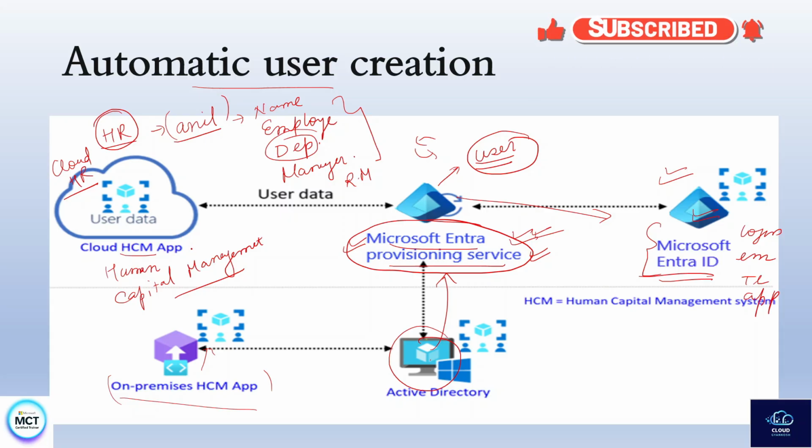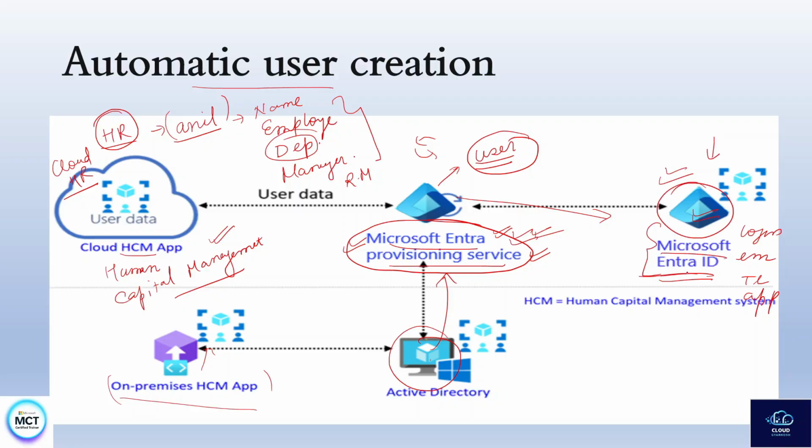So this HCM app is the source of the employee data here, and the Entra provisioning app is the synchronization engine which creates an identity in the cloud identity system, which is Microsoft Entra ID. You can also remove the users when the employee leaves. So you can do provisioning and deprovisioning both, right?